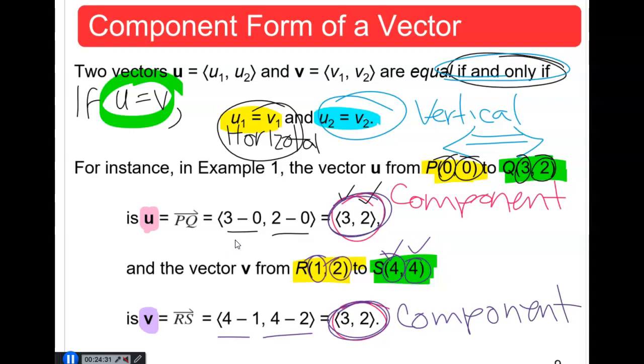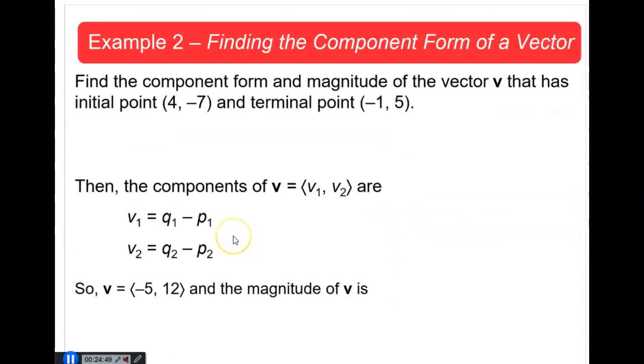Remember that represents the terminal point if the vector was to be placed at the origin. So it will have initial point there, and then terminal point will be here. So it will be graphed that way.